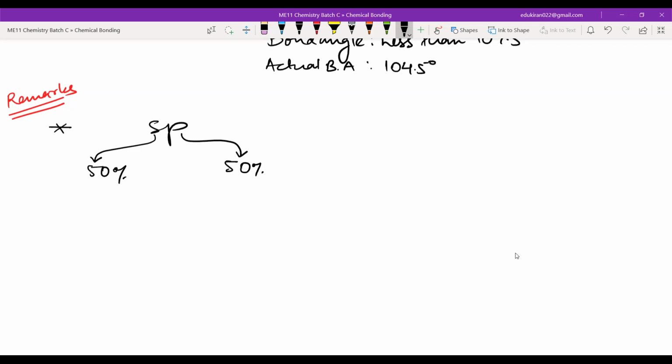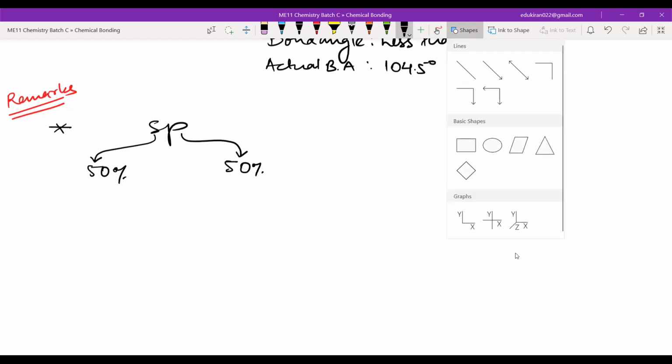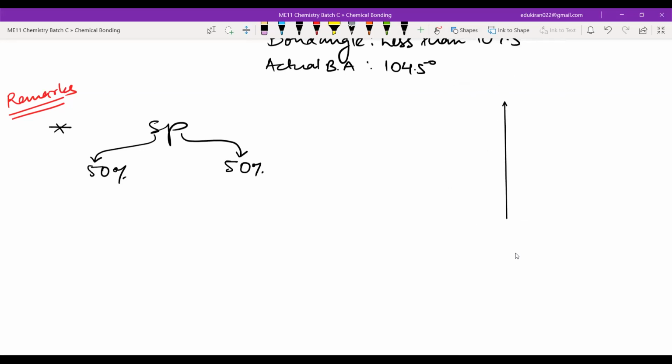Now, if I talk about energy, we obviously know that s is lower in energy because it is nearer to the nucleus. Whatever is in s feels more attraction from the nucleus, and attraction is directly proportional to stability. That is why it will have lesser energy. If energy is less, it is more stable.